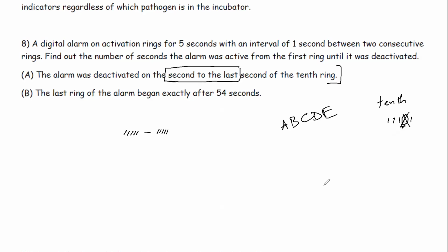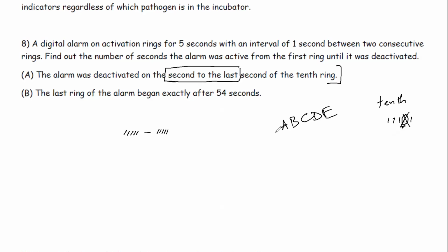All right. Otherwise, if you include the last second, then you might as well say it was deactivated after the 10th ring, right or wrong? If you want to complete all the 5 seconds, you should simply say that, so why would you say it was deactivated on the last second of the 10th ring, right? So according to me, second to the last second should not be included.